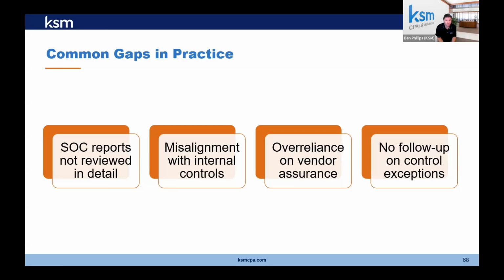And fourth, control exceptions identified in the report may not be investigated or addressed. So one important thing to remember is a clean SOC report, or a SOC report with no exceptions, an unqualified opinion, does not automatically mean that your organization has no risk. You still need to understand what your responsibilities are, implement your own controls, and validate how the vendor integrates into your own environment.